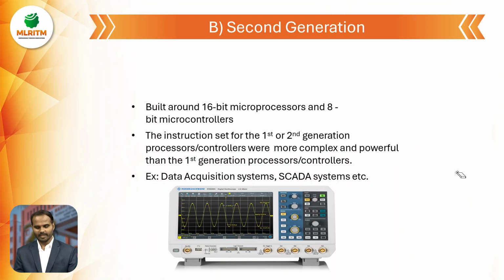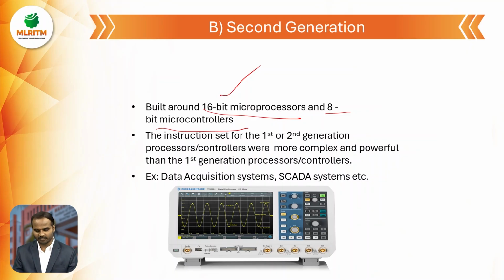Second generation is built around 16-bit microprocessors and 8-bit microcontrollers. It is double the first generation, which had 8-bit microprocessors and 4-bit microcontrollers.